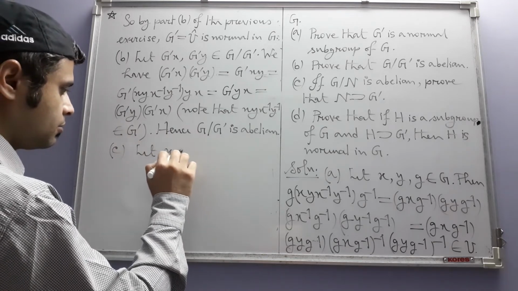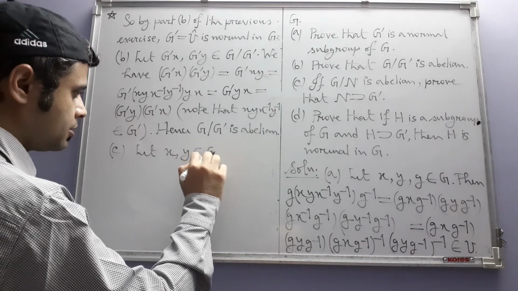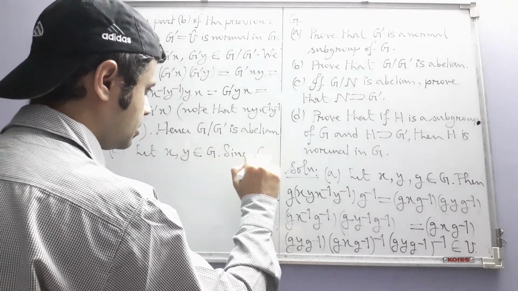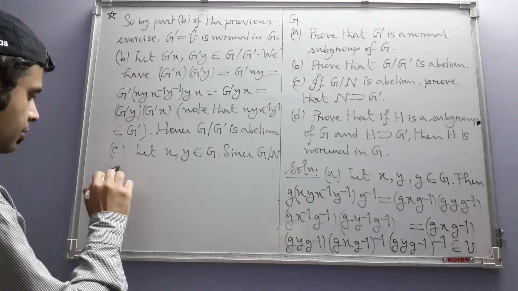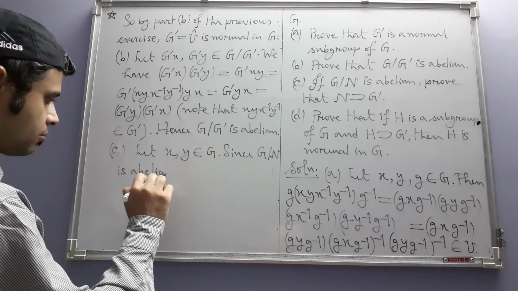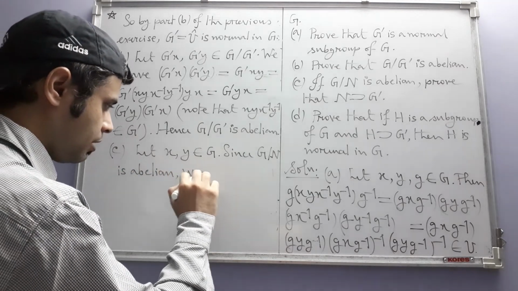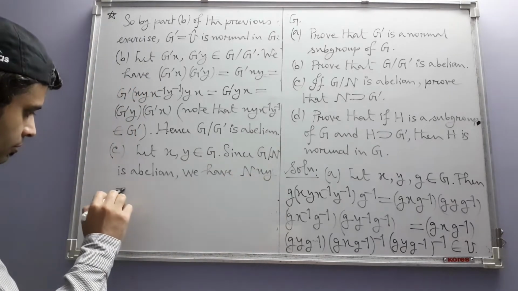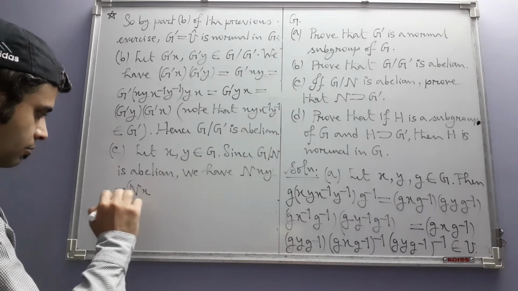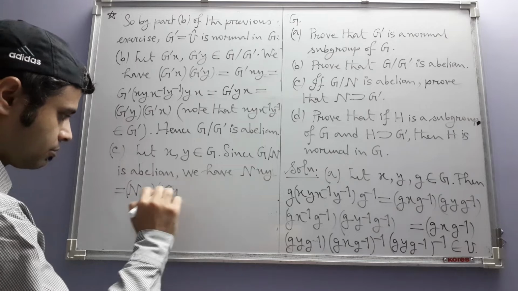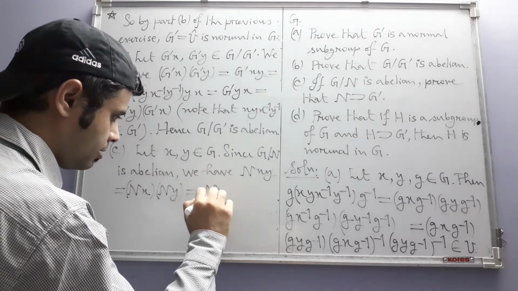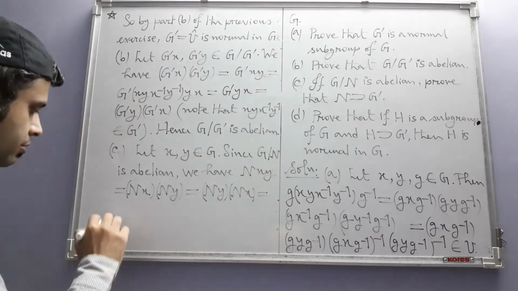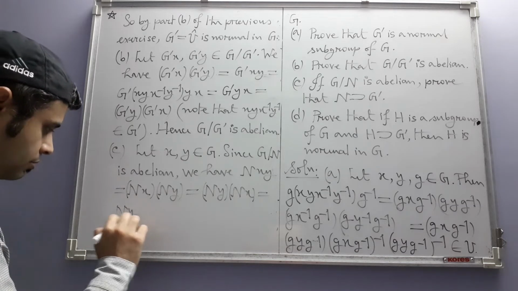Let x and y be any two elements in G. Since G by N is abelian, we have Nxy equal to NxNy, that is equal to NyNx, and that is equal to Nyx.